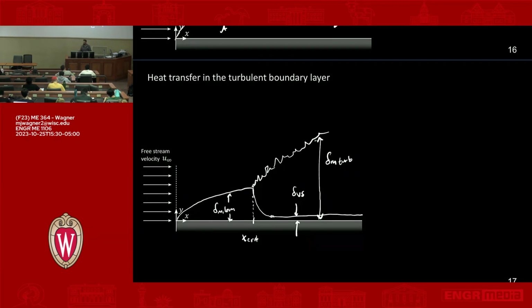If you think about it, it makes sense because let's say you're some particle out here. It's very easy for you to move in this direction because of the bulk transport from these eddies. So because it's really easy to move, it's almost like saying the effective conductivity or the effective viscosity is really high. And if that's the case, then the temperature or the velocity gradients are going to be really low.